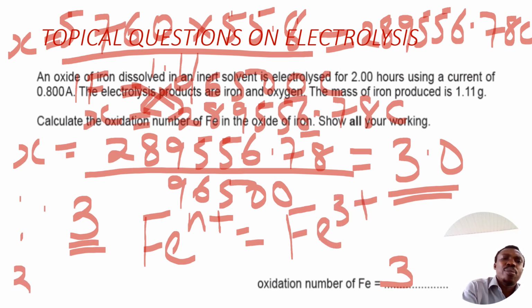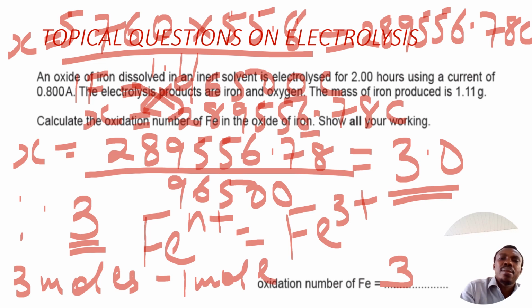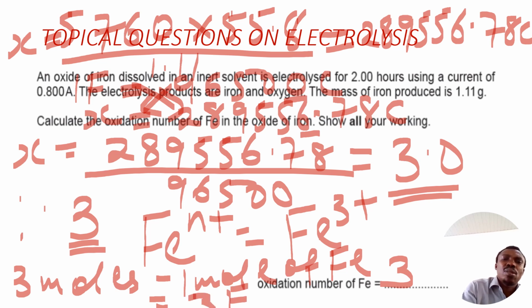That means 3 moles of electrons are required to deposit 1 mole of iron, which is equal to 3 faradays, based on Faraday's second law of electrolysis. So the oxidation number of iron is 3. It's as simple as ABC. All you need to do is to attempt as many questions as possible.